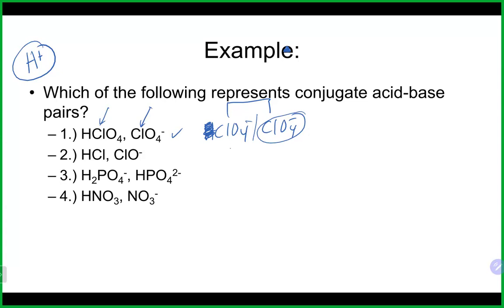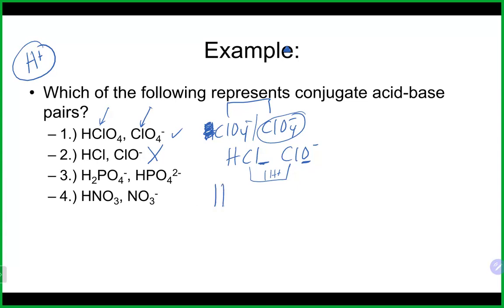How about HClO, HCl, and ClO minus? The difference here is 1 H plus, but there's also a difference of oxygen here, no oxygen here. Because of that, not a partner pair. It can only be 1 H plus difference, the only difference that you see there.